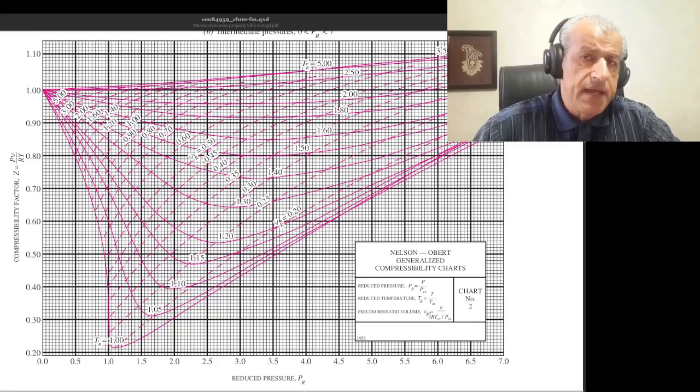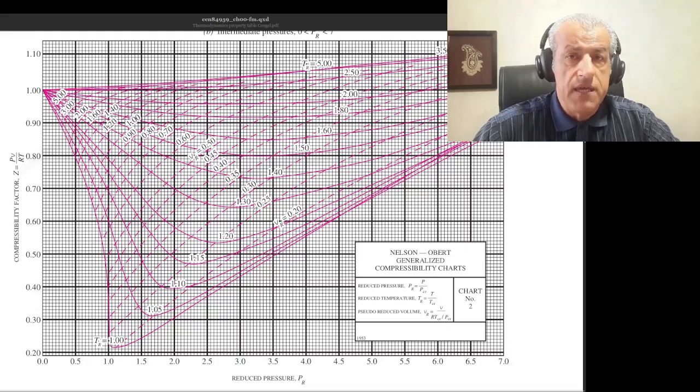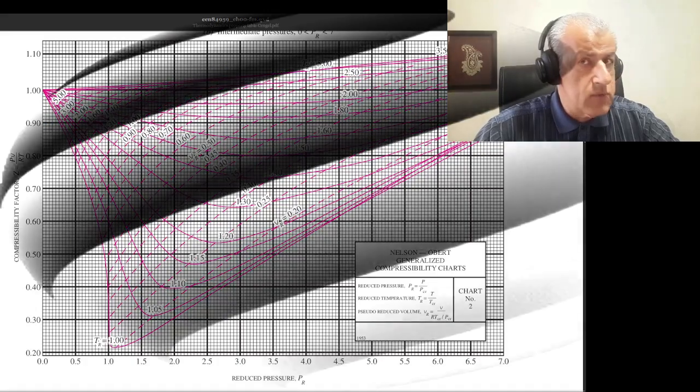Or alternatively, if you have a VR from any means, then you can calculate V, the real specific volume, from this equation using these values on the chart, and that's what we should do in this example.